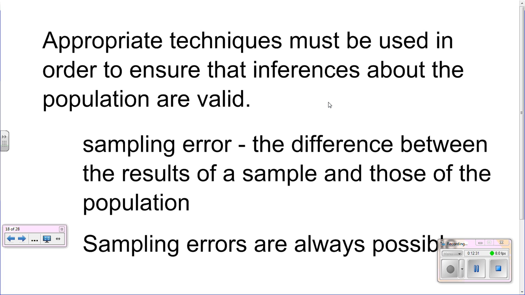If we go back to the election, one of the major issues was that there was a sampling error with the Gallup polls and another poll company. When they were doing the polls before the election, they were sampling many more people in urban areas, like along the East Coast and the West Coast, and leaving those middle states out, where it was a lot of farmers and things.